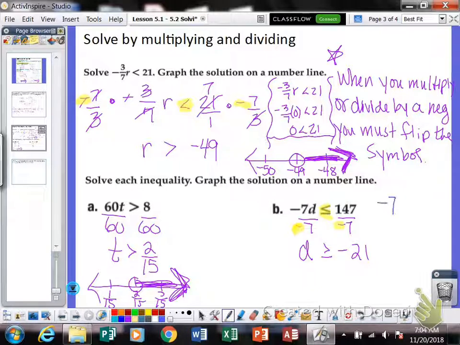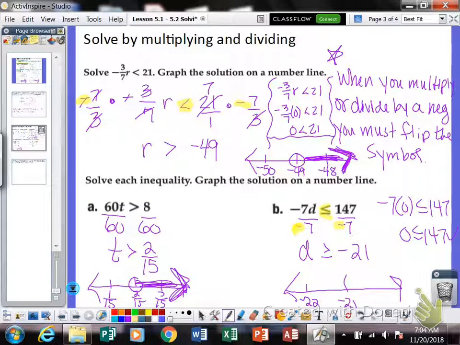If you substitute 0 back in, 0 is less than or equal to 147. It checks out. And then you graph it. So negative 21. This way would be negative 22 because it's negative, so we go in the opposite direction. Closed circle at negative 21, shaded to the right.